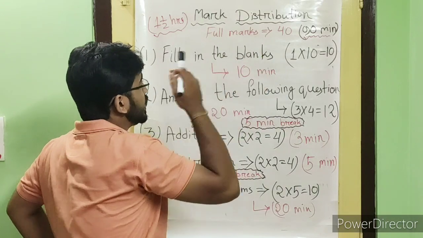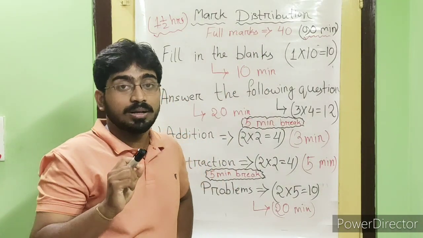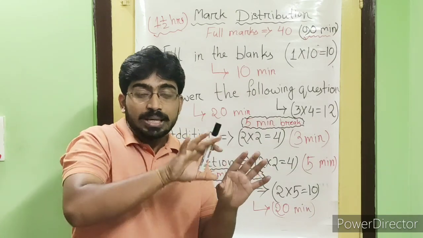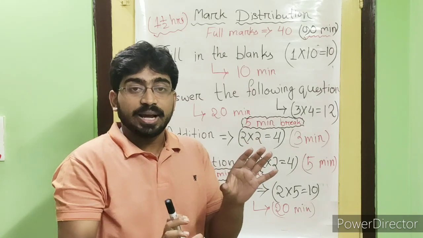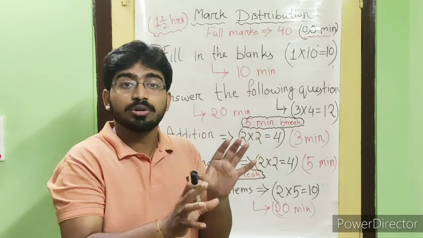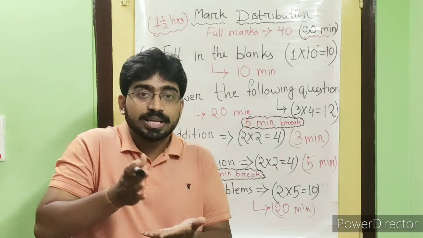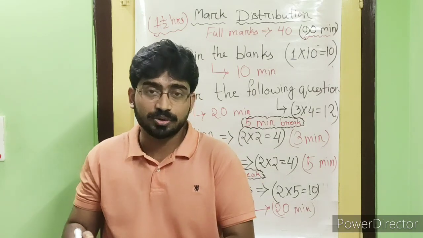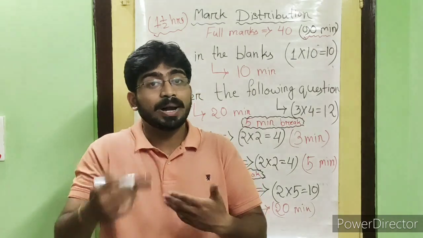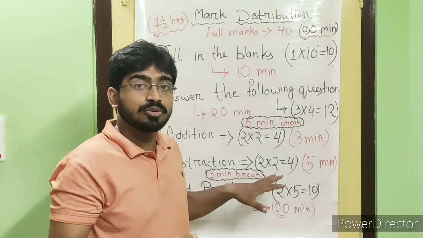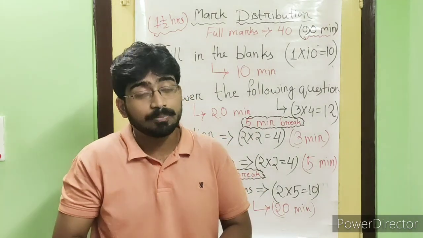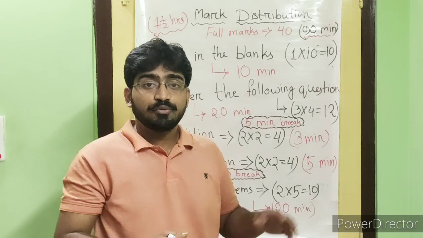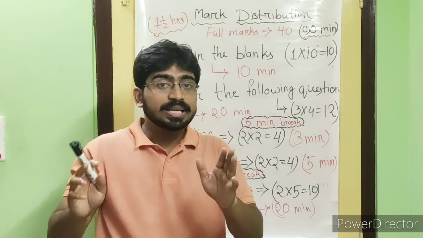For the 40 marks exam they will get 1.5 hours or 90 minutes. So we need to divide these 90 minutes into several parts so that they can attempt the whole question paper. Some time will be for rest, and some time for writing. It won't happen in one day; if we keep practicing again and again, today's practice for 40 marks will help for 80 marks. If we are going through this practice after completion of the syllabus, if we are practicing for 40 marks, it will help them in case of 80 marks also.